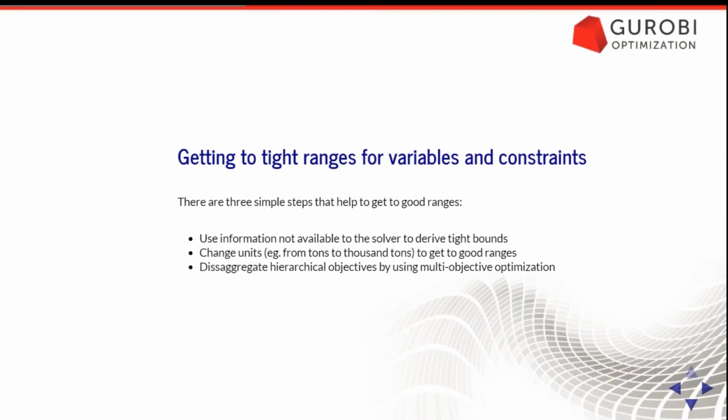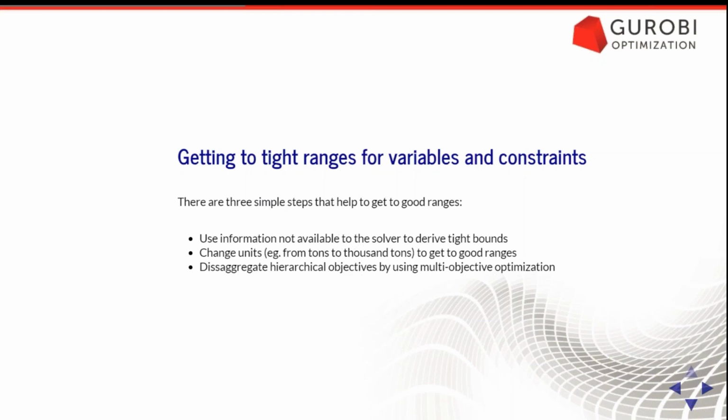If you don't give that information to the solver, it has to consider the possibility of going beyond, although you won't have any use for that solution. So the first and most important thing is to try to use whatever extra information you have at hand to get tight bounds on your variables.